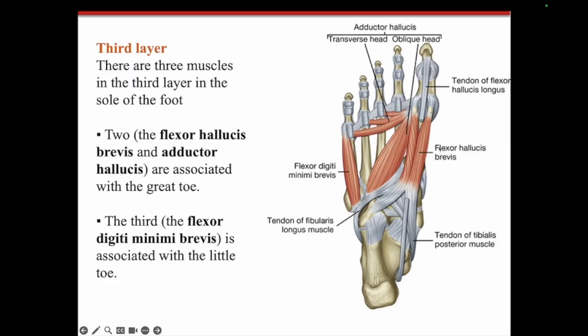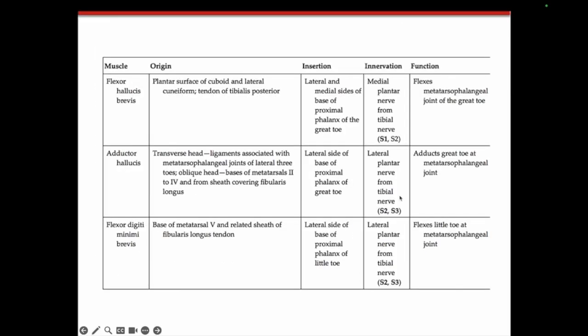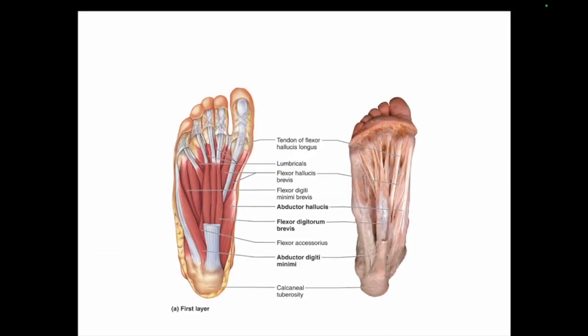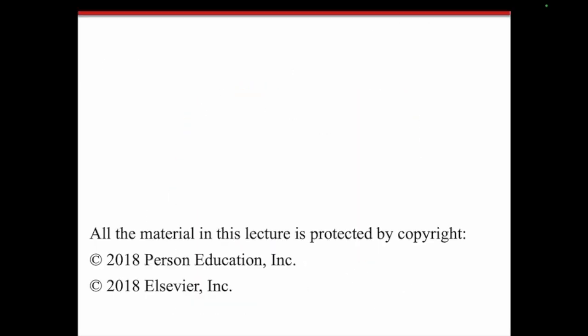The third layer has the flexor hallucis brevis, adductor hallucis, and flexor digiti minimi brevis. The fourth layer has the dorsal and plantar interossei. The dorsal abduct, the plantar adduct the toes. And we're done.